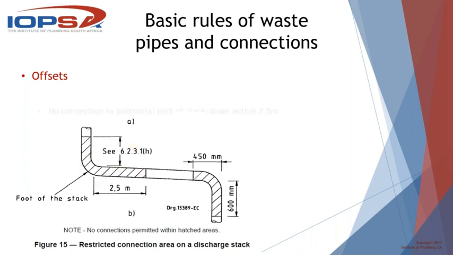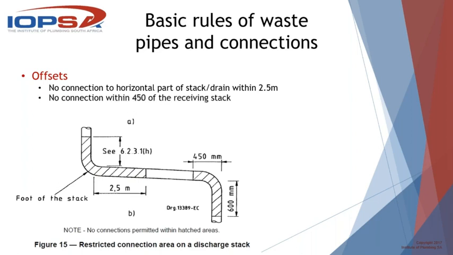Now, what are the rules surrounding those? No connection to the horizontal part of the stack within 2.5 meters of the bend. So there it is, that 2.5 meters in a horizontal way. There shall be no connection to the stack within 2.5 meters of it turning, of it becoming horizontal. No connection within 450 millimeters of the receiving stack.